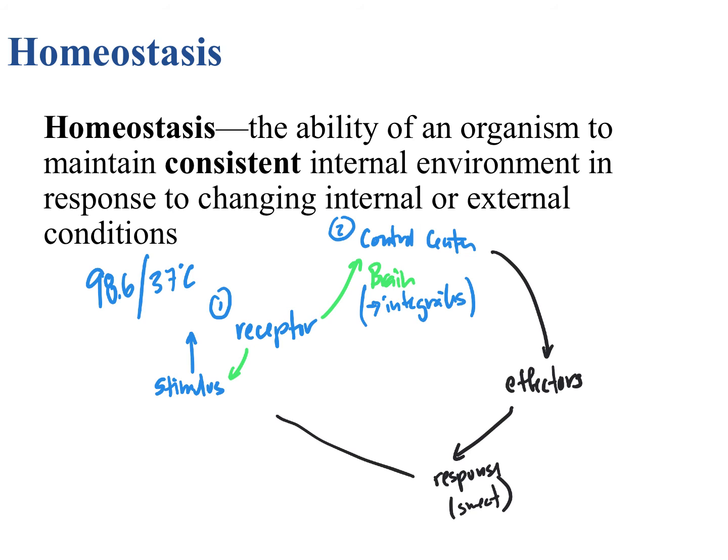Most of the responses are going to counteract the original stimulus. The original stimulus was that my body temperature went up. Now I start sweating in order to bring my body temperature back down. Okay? Most of these homeostatic mechanisms go by this type of mechanism, right?